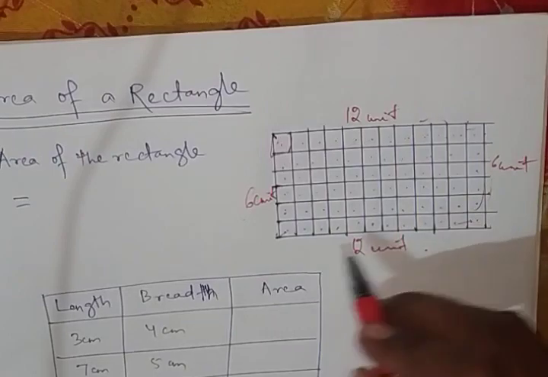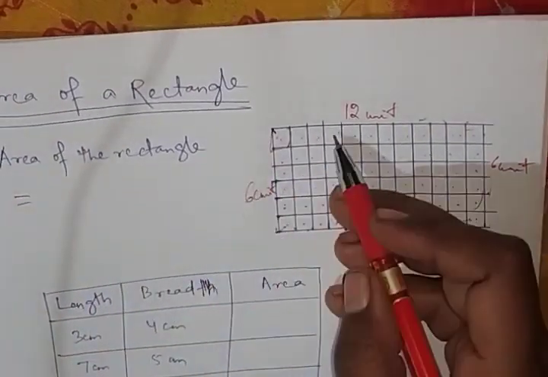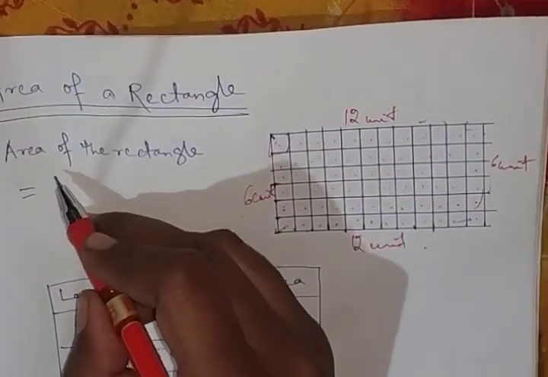So how many square units are there? There are 72 square units.